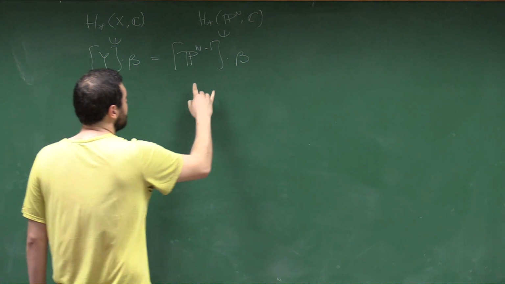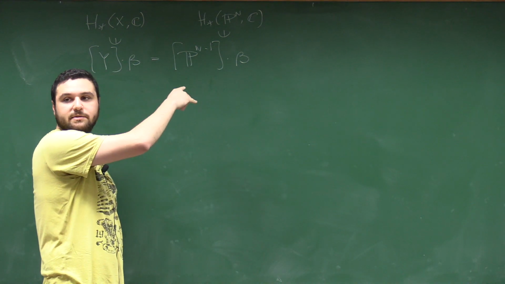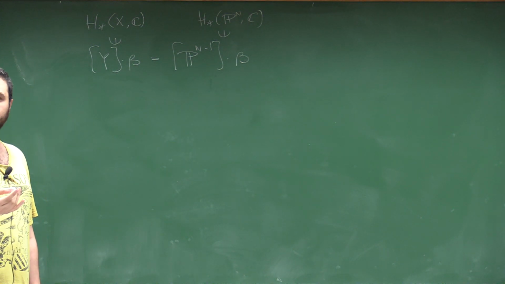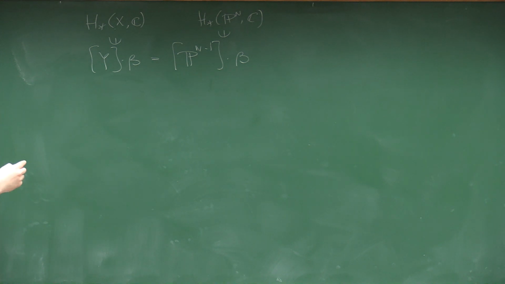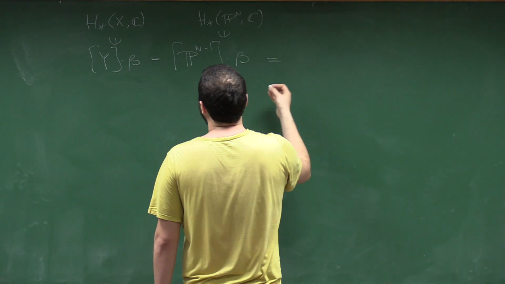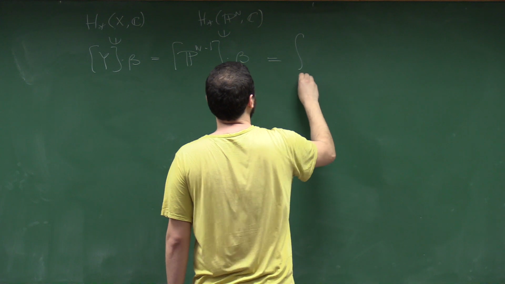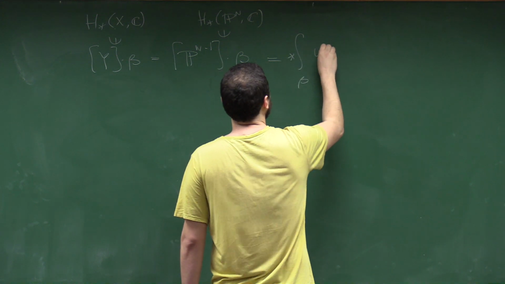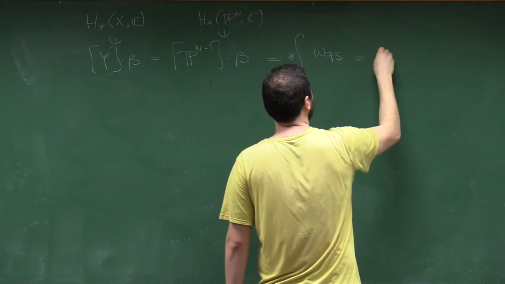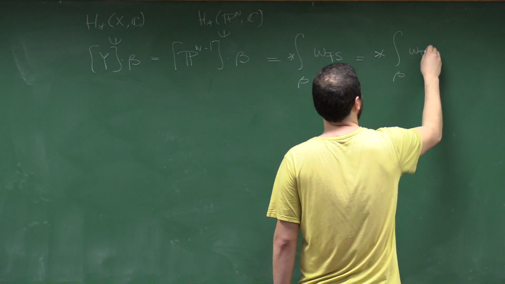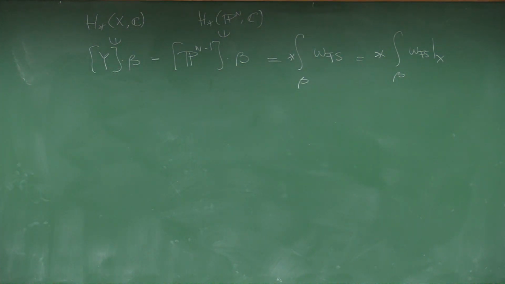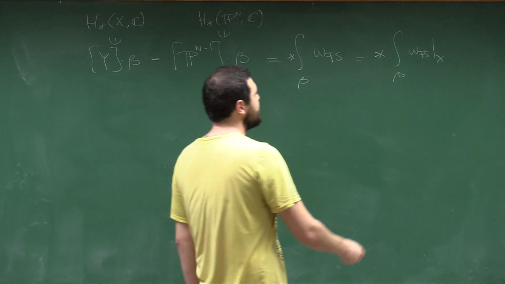And so again, by Poincaré duality, we know that the Poincaré dual of the hyperplane in Pn is computed, and it's the Fubini–Study form. I did that computation in class when I introduced the Fubini–Study form. So this is equal to the integral over beta, times something, of the Fubini–Study form, maybe times a constant.